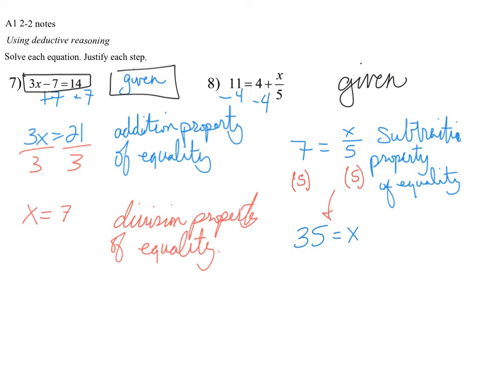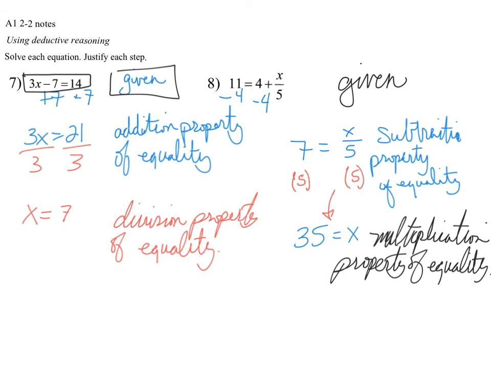So the reason that we can do that is because of the multiplication property of equality. So that's the reason we're able to do that final step there.